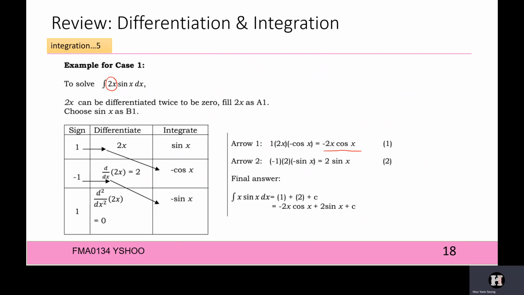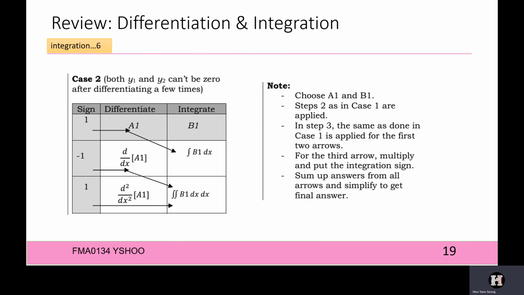Okay, then case 2. If in case 2 both y1 and y2 can be 0 after differentiating a few times, the table is the same. So it doesn't matter who is differentiated or integrated. What you need to do, there is an extra alert actually over here.